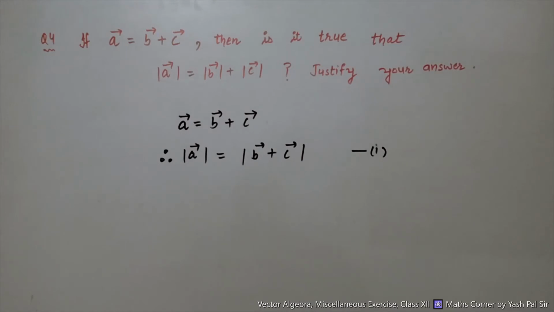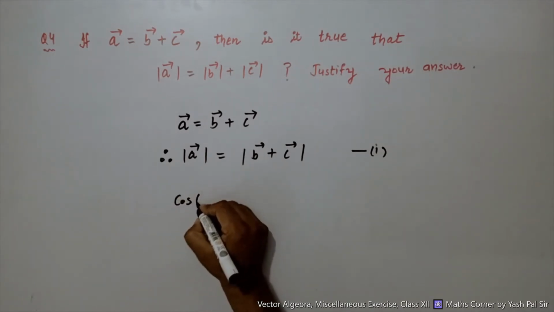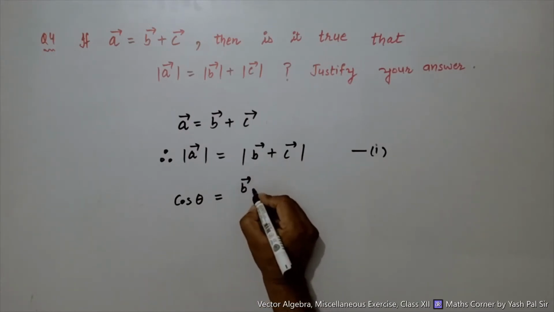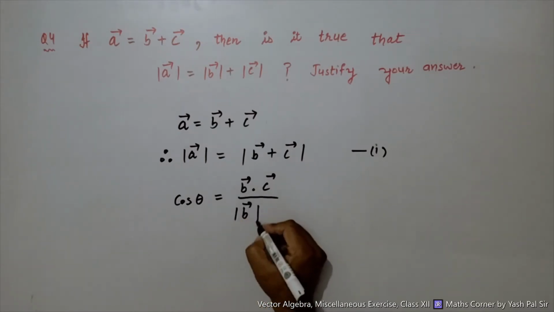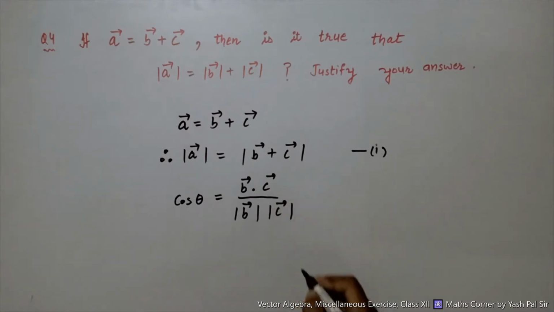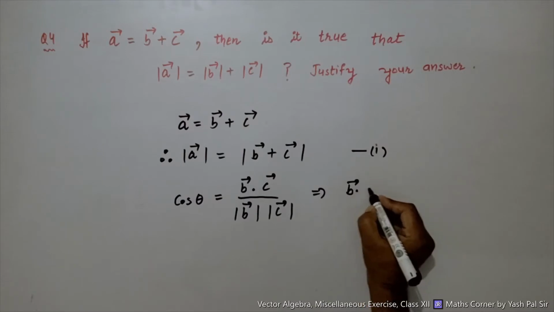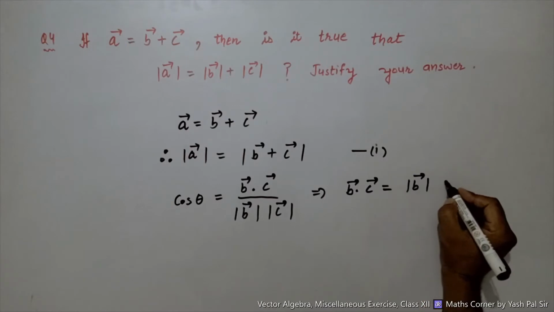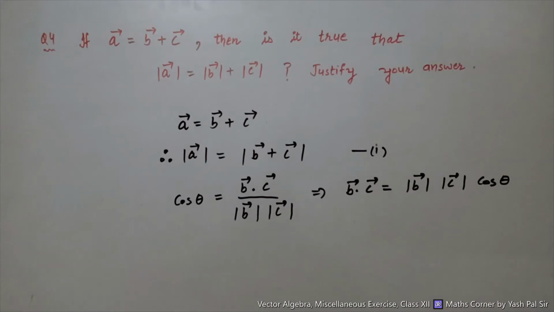Now what we know? We know that suppose B and C are two vectors and theta is the angle between B and C vectors. Then how we write? Vector B dot product vector C is equal to magnitude of vector B into magnitude of vector C into cos theta.